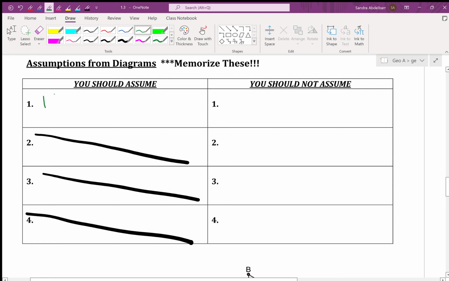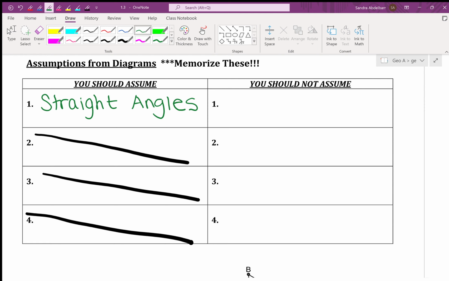If it looks like a straight angle, we can say it is a straight angle. Why is that helpful? Because straight angles are what? 180 degrees. That's why it's helpful.